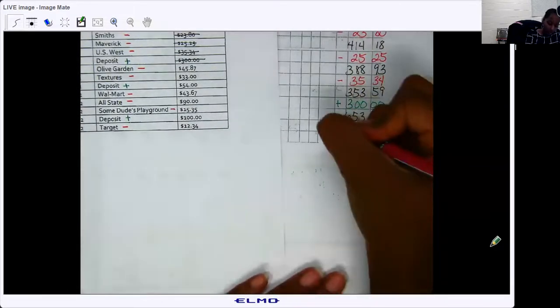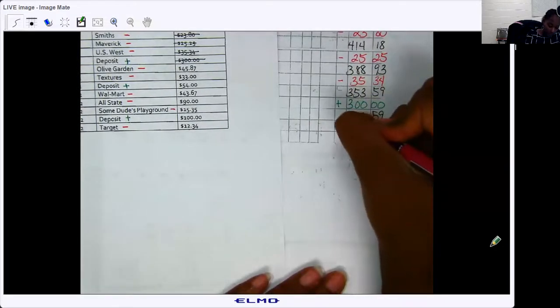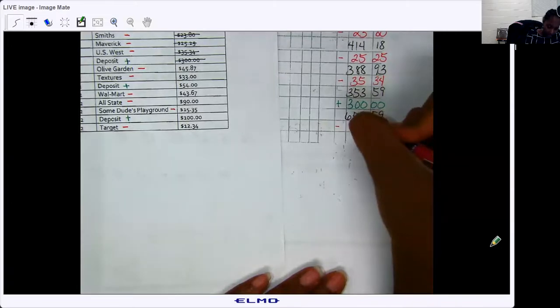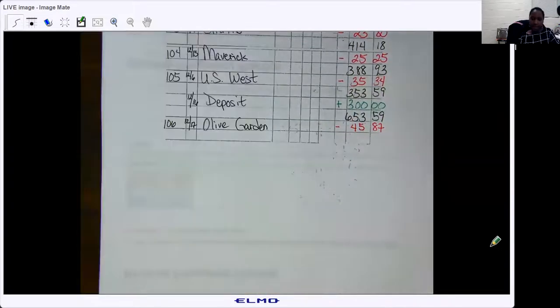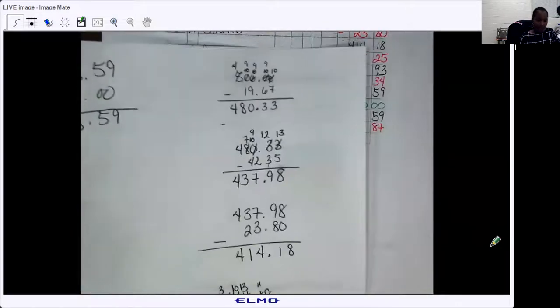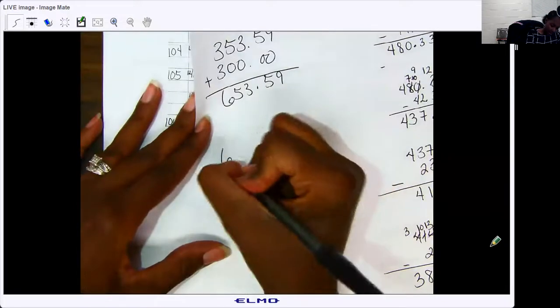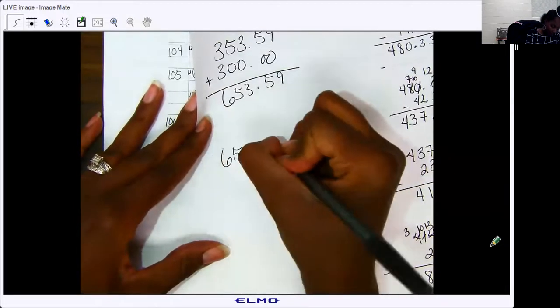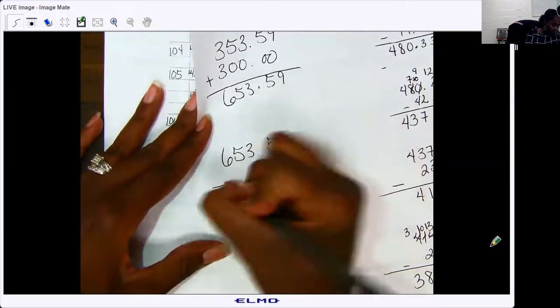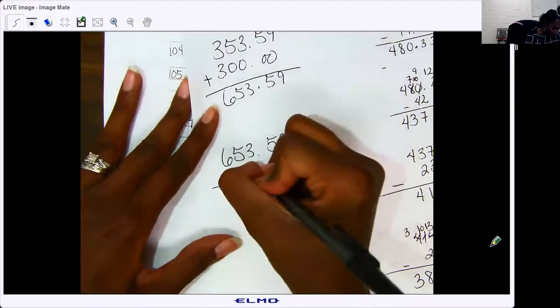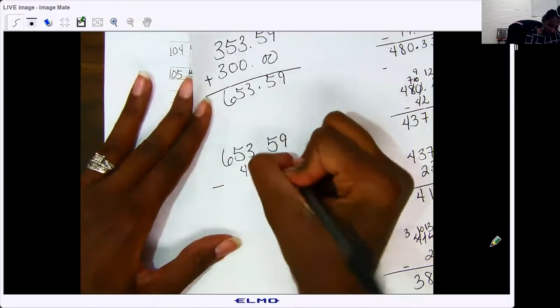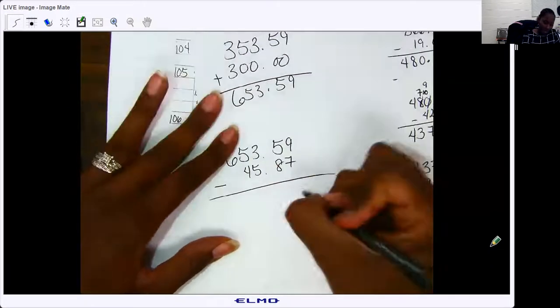All right, so we're going to subtract $45.87. Okay, scrap paper. Okay, so we had $653.59, and we spent $45.87. So 7, 8, 9.